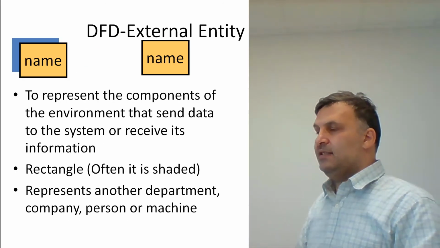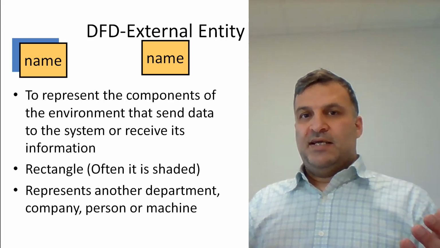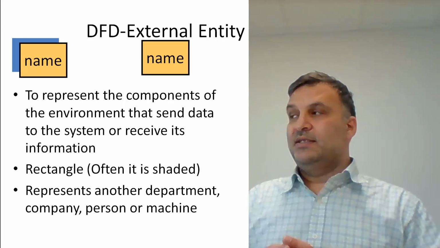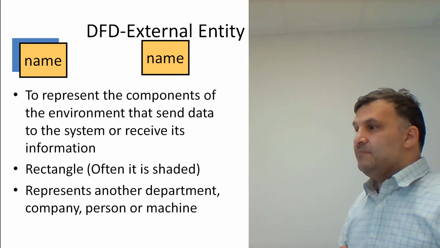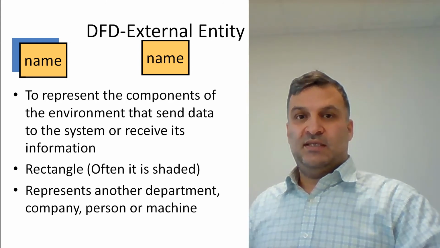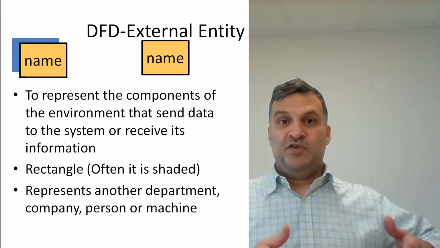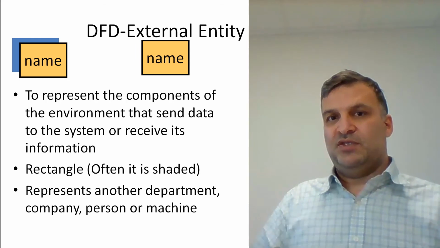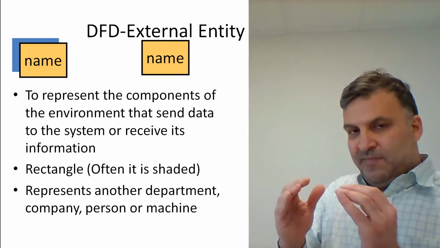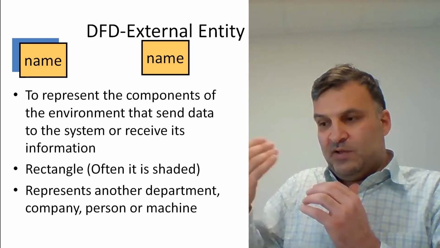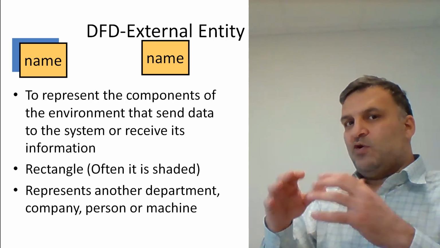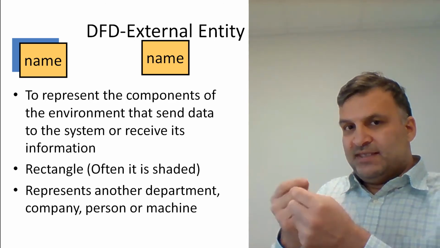The external entity represents the entity with which the system cooperates. This entity may be a human, an automatic system, an official entity, a social structure, an enterprise, so it depends. But it is something that is out of the system, in the environment of the system, and we have some communication.